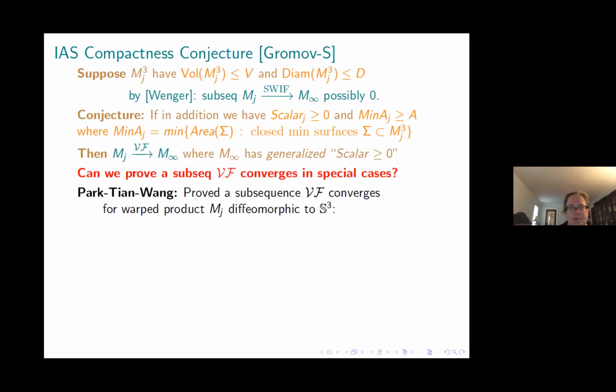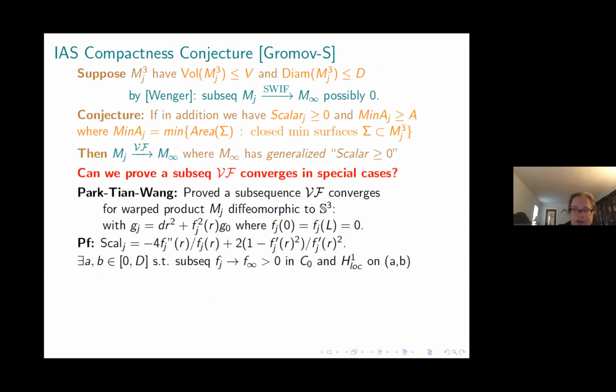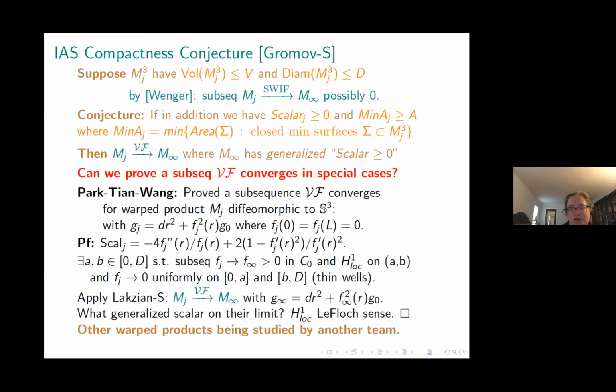And then I mentioned before that Park, Tian and Wang actually proved the IS compactness theorem for this very special case where they had assumed they were warped products.